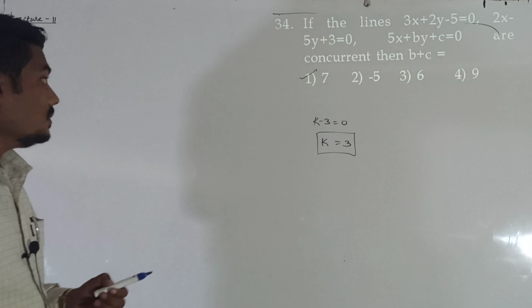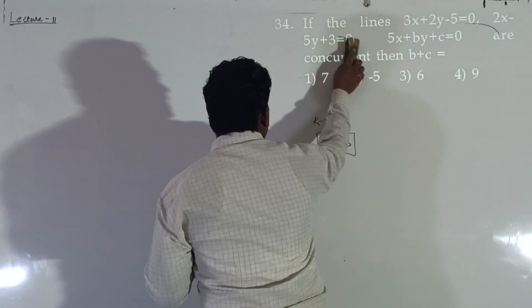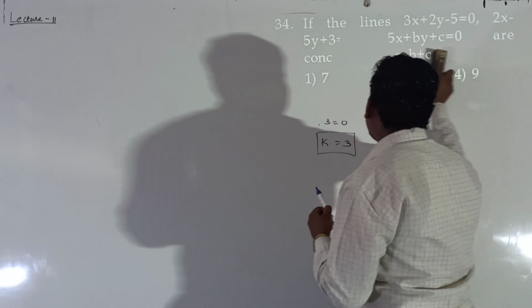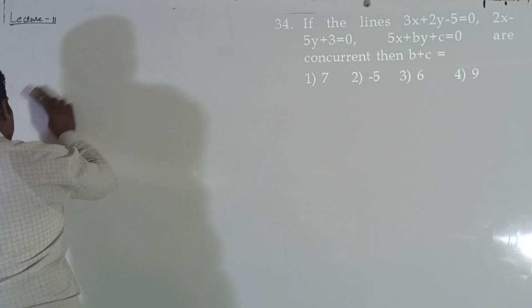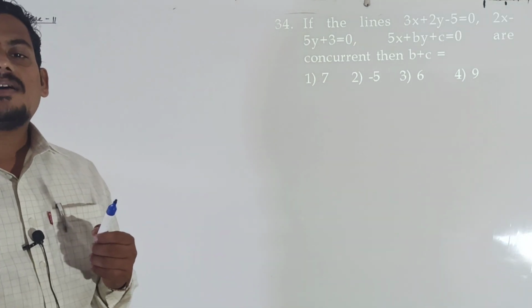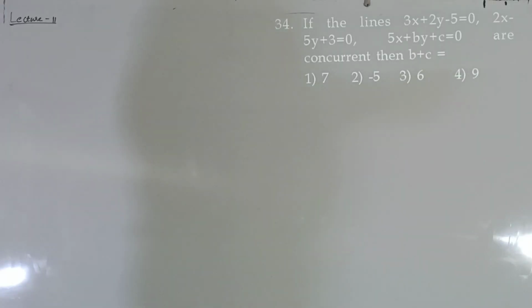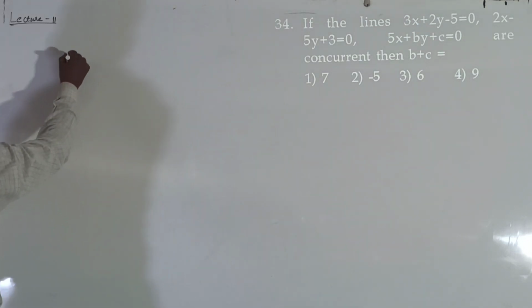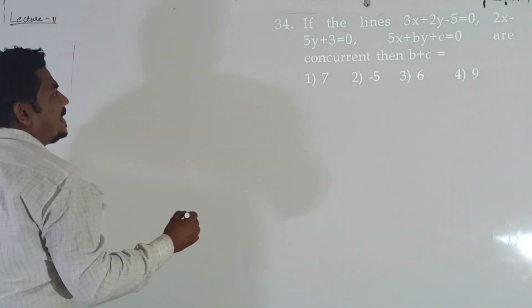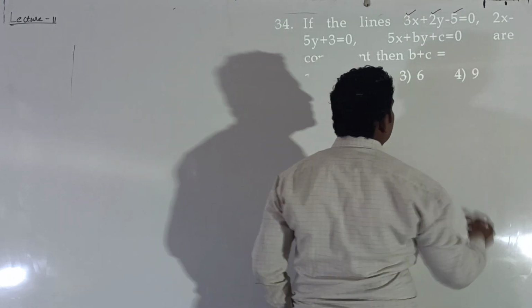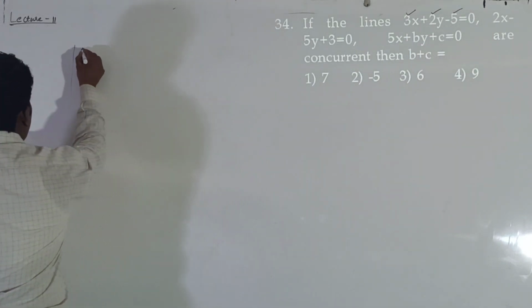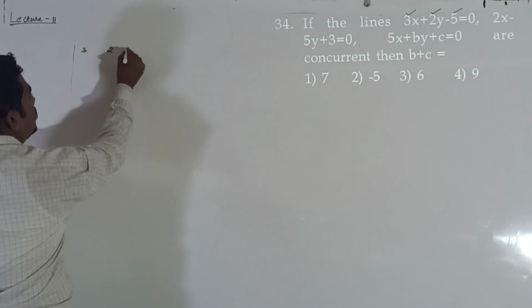Question 34. If these three lines are concurrent, then what is the value of b plus c? Already you know the condition for lines to be concurrent. If three lines are concurrent, then the determinant of their coefficients is equal to 0. Determinant of a1, b1, c1: 3 is a1, 2 is b1, minus 5 is c1, so 3, 2, minus 5.